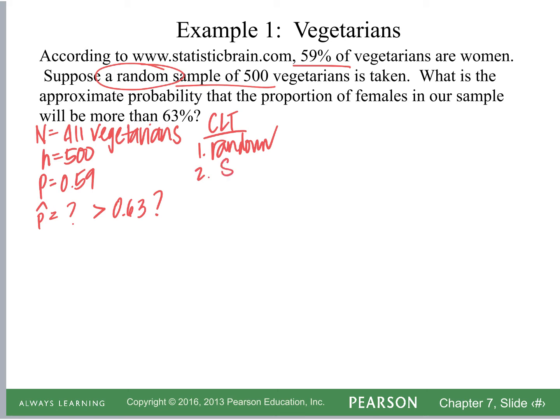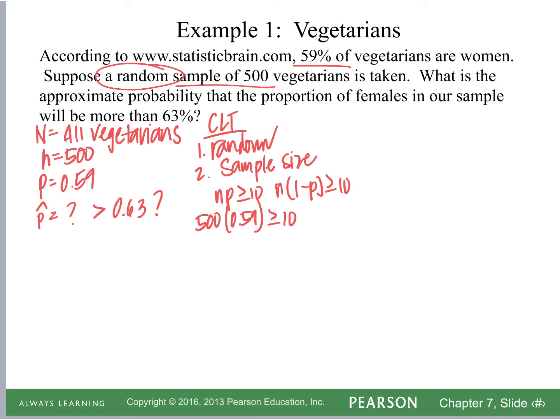Condition 2 is sample size. Remember, we have to check the successes and we have to check the failures. Okay, so successes, sample size we have is 500. Proportion is 0.59.